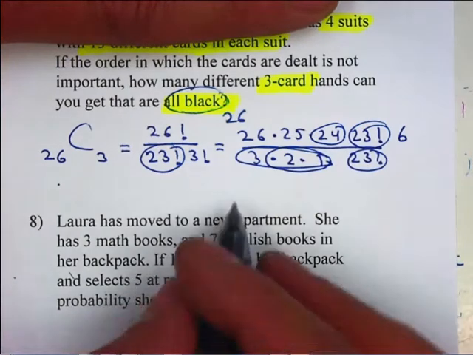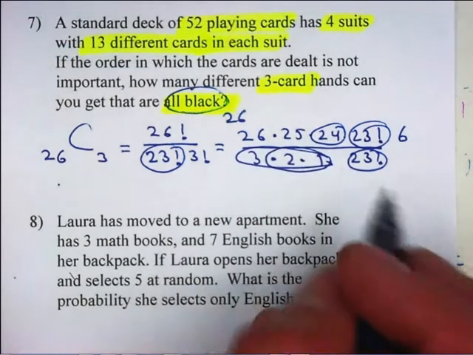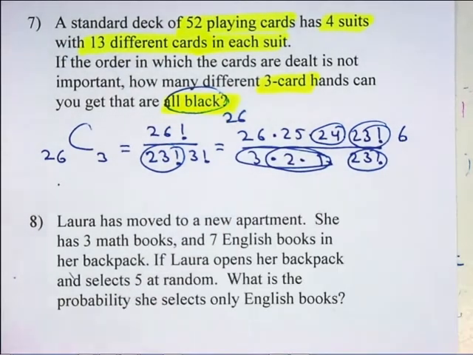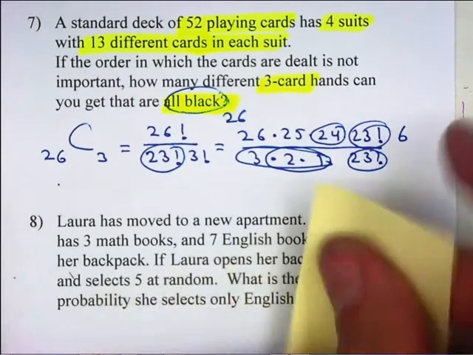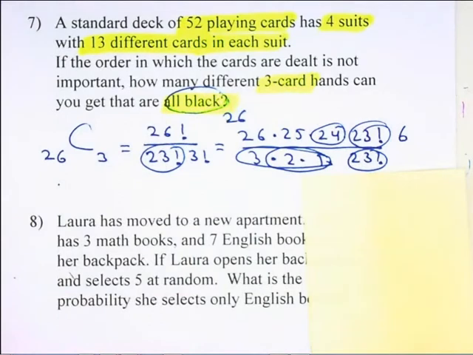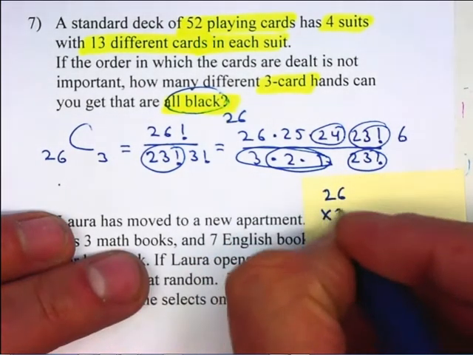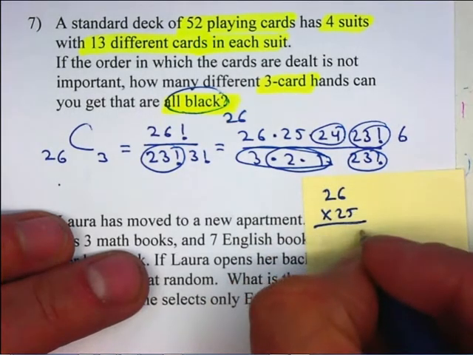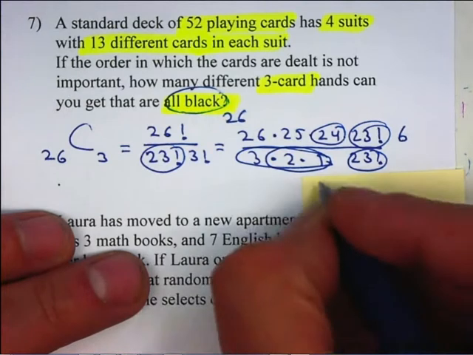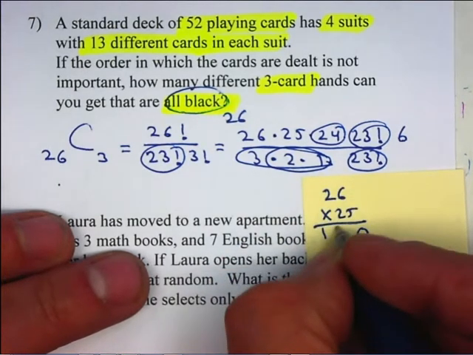So let's multiply all 3 numbers together. I'm just going to do it on a little piece of paper on the side. And if you want to do that on your homework, that's fine. Just get a little notepad and just multiply 26 times 25. That is 30, carry 3, 10, that'll be 13.